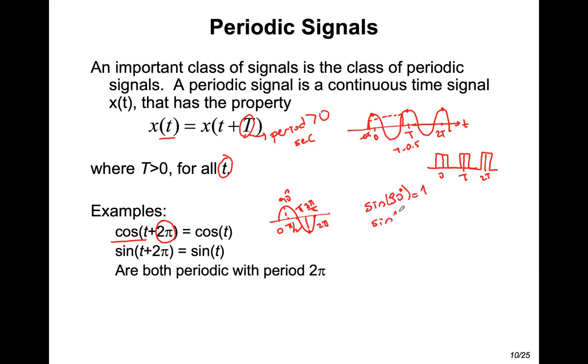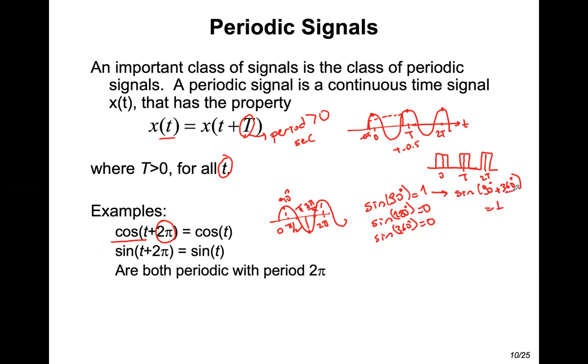Sine 180 degrees is 0. Sine 360 degrees, again 0. And 360 degrees later, it will still be 1.